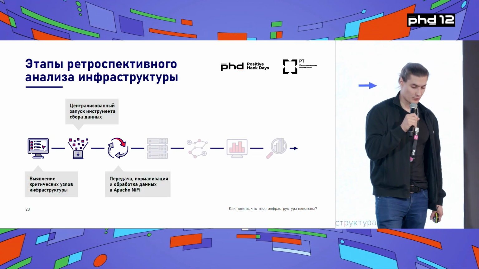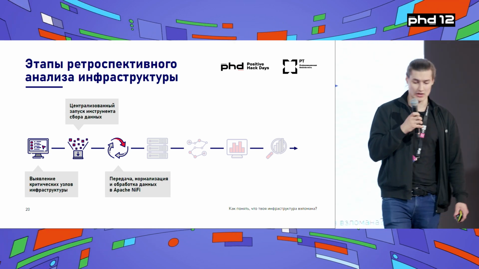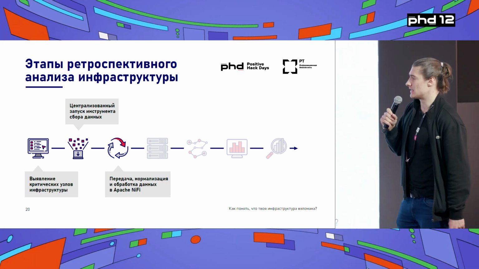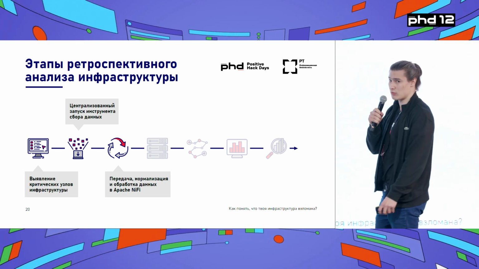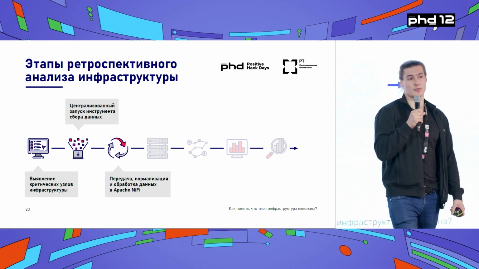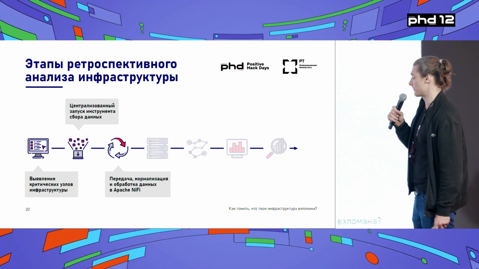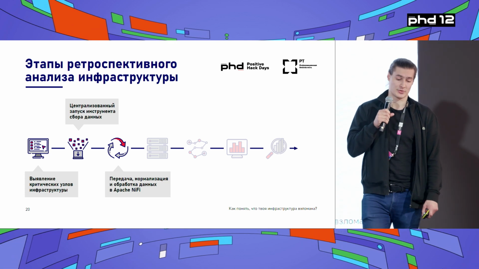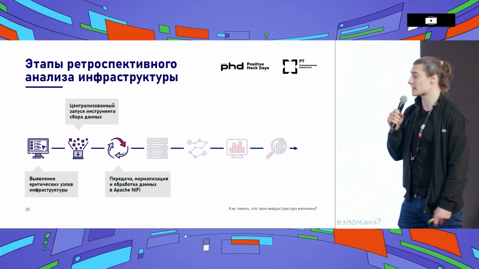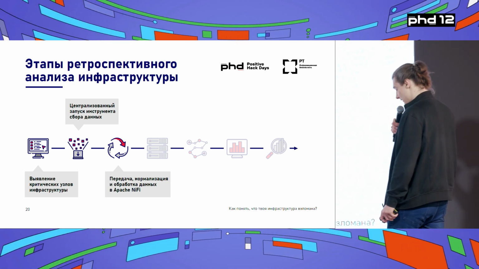Okay, we have collected the data, but there is a problem there, in the sense that almost all the tools that were used to collect the data have their own exhibiting format. All the open source solutions were developed by different groups of people.